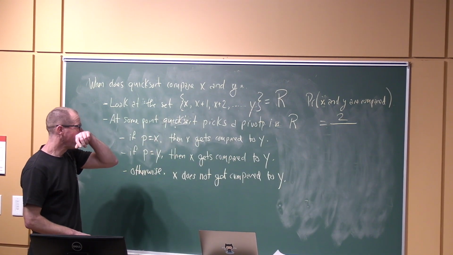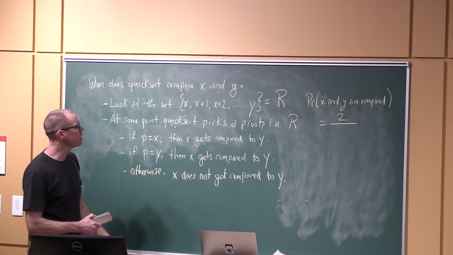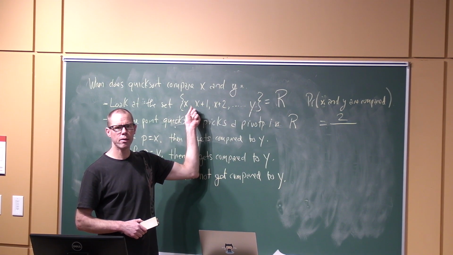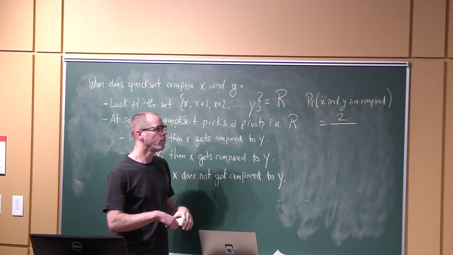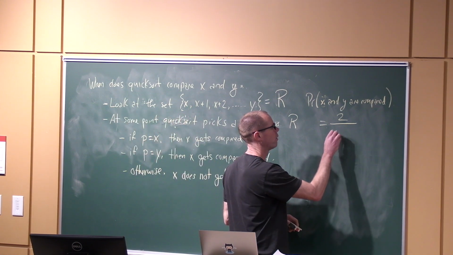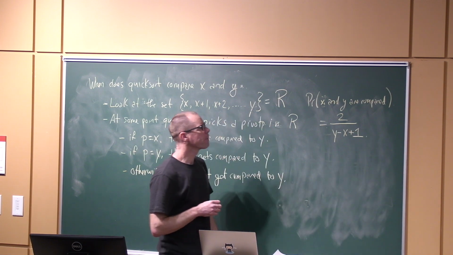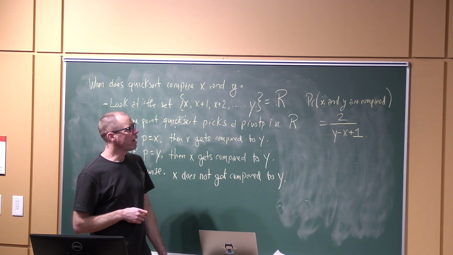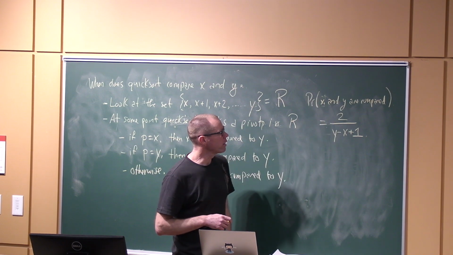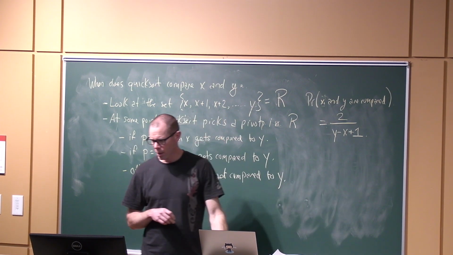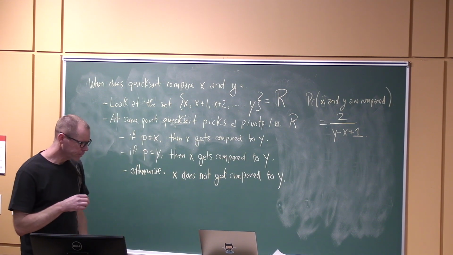And the sample space is all of this stuff. And how big is this set? Y minus x plus 1. So the probability that x and y are compared is 2 over y minus x plus 1. Let's see if that makes sense.